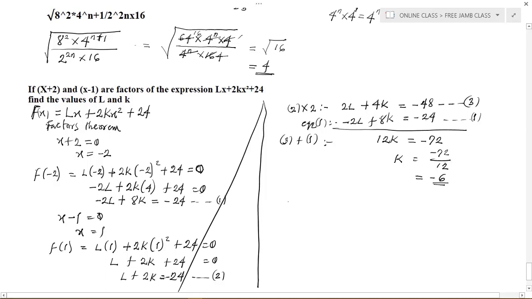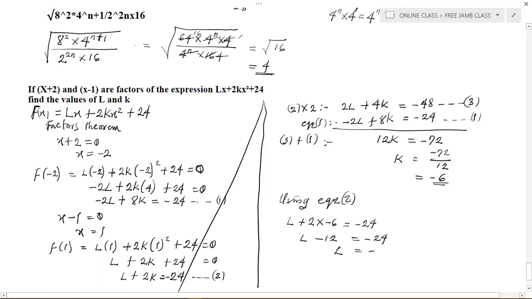For K, L now, using equation 2: L, which we don't know, plus 2 times minus 6 equals minus 24. That is L minus 12 equals minus 24.